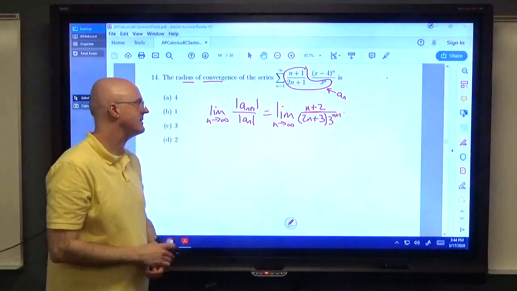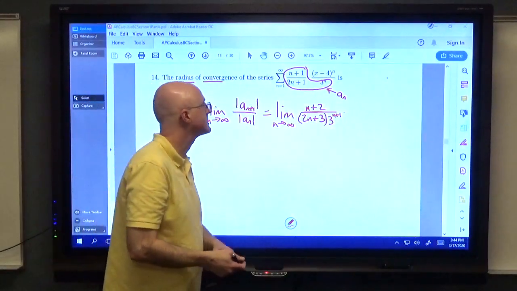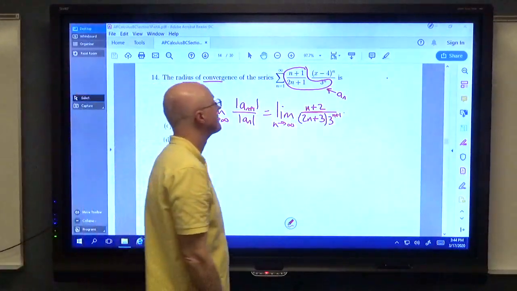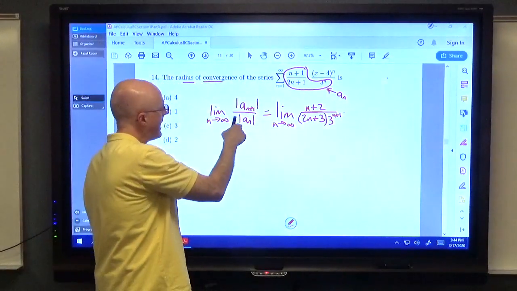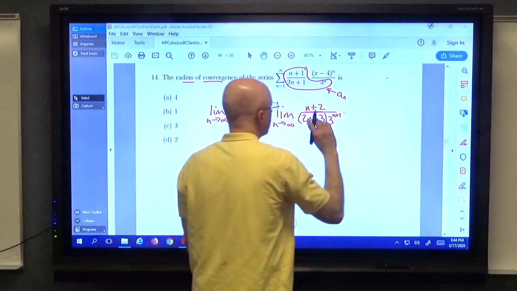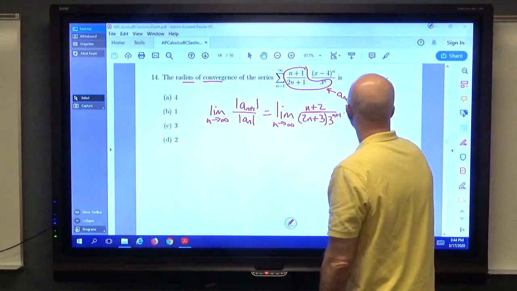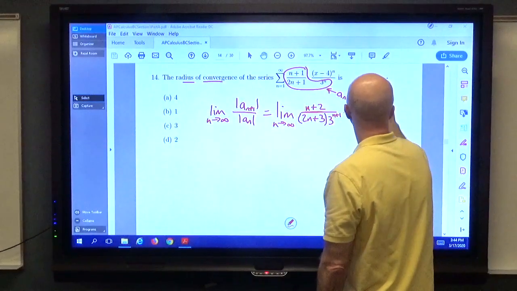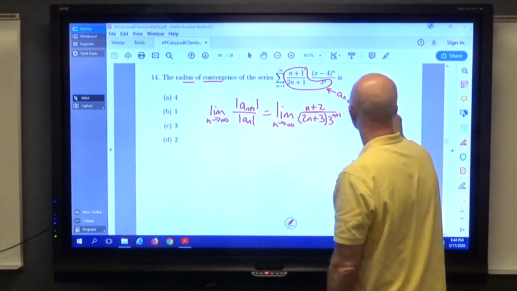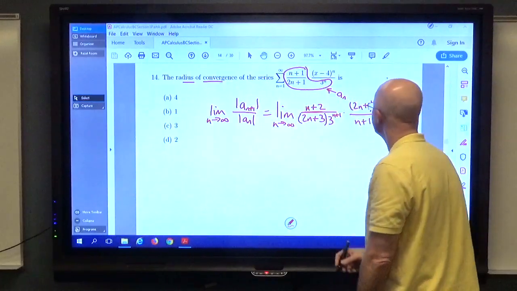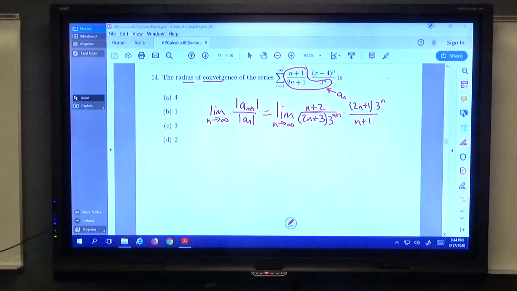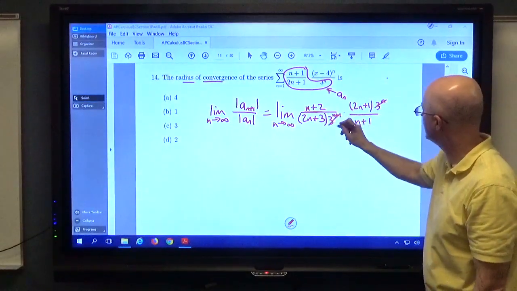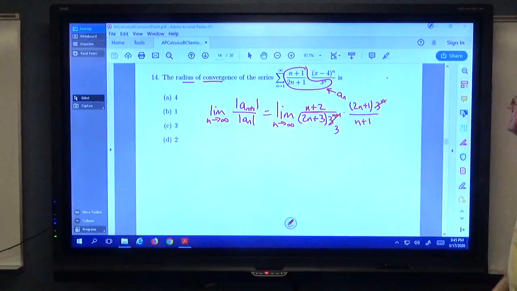I don't need the absolute value signs, because I've got positive quantities here, which is a nice way to not worry about the x there. Then divide by a_n, which is the same as multiplying by the reciprocal of a_n. So I will get (2n+1) times 3 to the n divided by (n+1). Then you get some cancellation. The 3 to the n cancels with almost all of those to leave you with a 3 there.